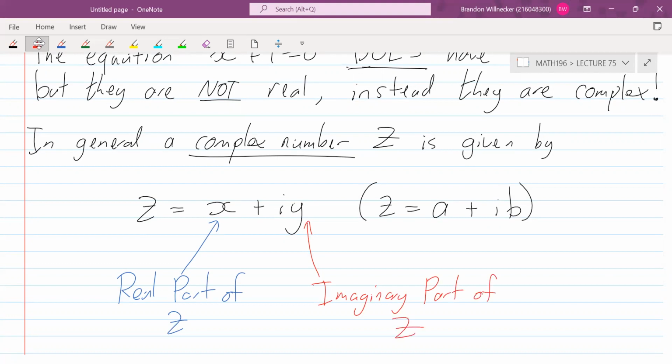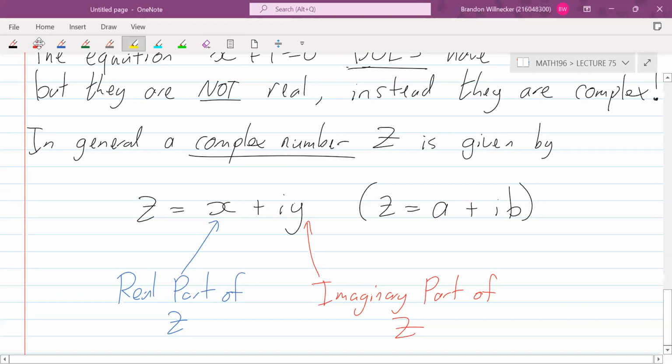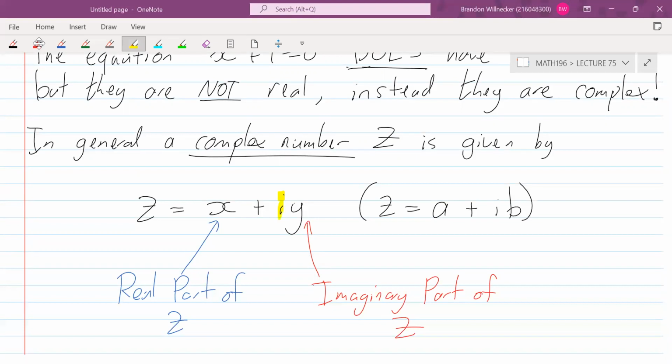Okay, so a complex number is made up of 2 parts. We have the real part, that's the x or the a, depending on what you want to write. And we have the imaginary part, which is the part that is attached to the i. Whichever bit is attached to the i, that is the imaginary part.